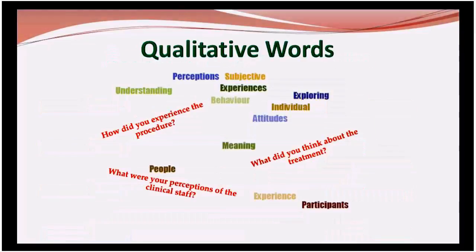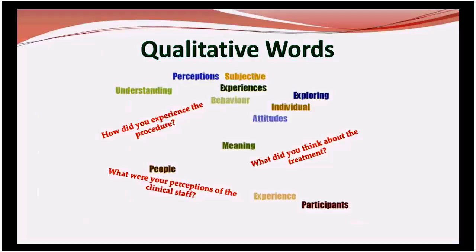So there are a few qualitative words that people like to throw around, and I'm sure that you have heard a few of them before. The most important one, I think, for us going forward is the word subjective experience, meaning everybody has their own unique individual experience of a phenomena. You as a researcher, you have a job to report what is true and to report what your participants are experiencing and feeling.